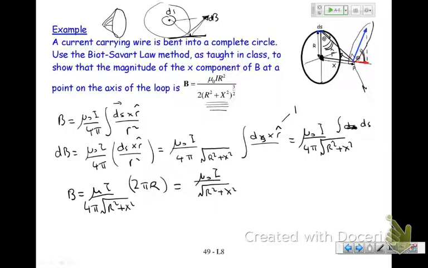Those 2's and those pi's, 2. So I got that. And my r has to stay on top. Yes, so that's that. Okay. 2 pi, 4 pi. Yes, I'm okay so far.